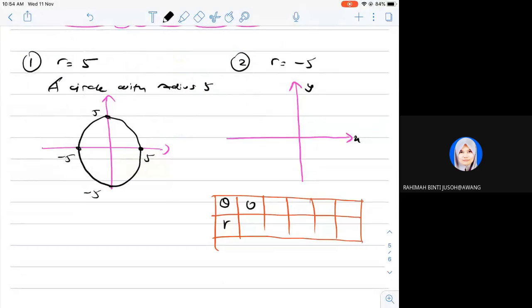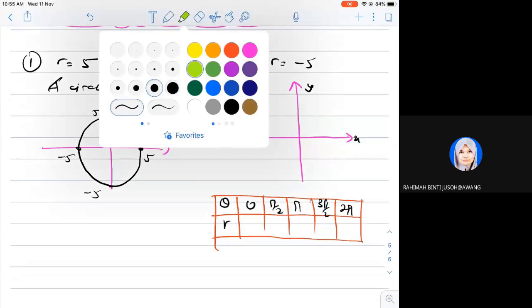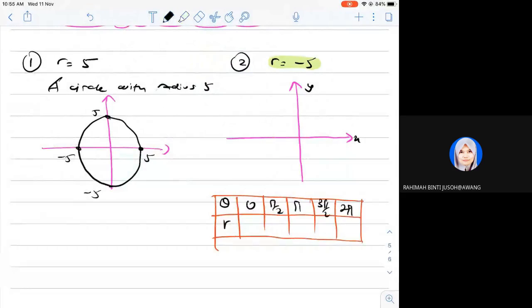Angle 0, pi over 2, pi, 3 pi over 2, and then 2 pi. Now our radius is negative 5. So if angle is 0, r equals negative 5.